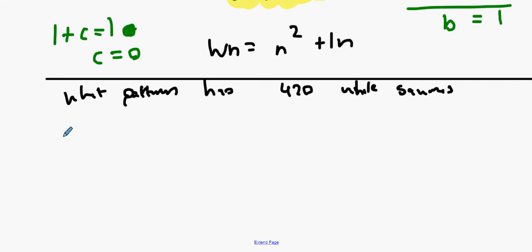Is it T420 or Tn equals 420? T420 would be how many white tiles in the 420th pattern. We already wrote out the first 5 patterns, haven't we? So how'd you do Tn equals 420?